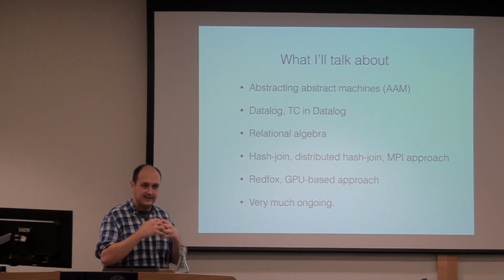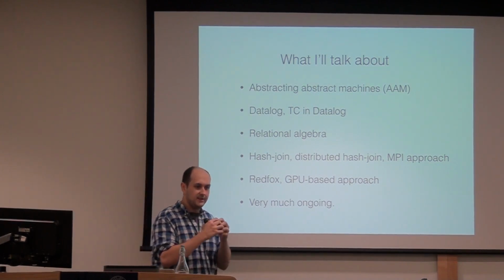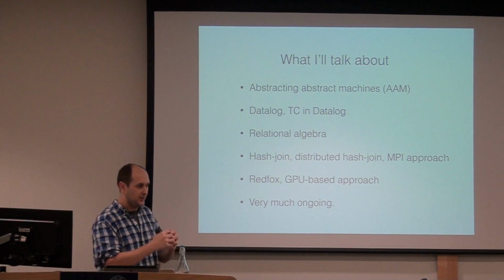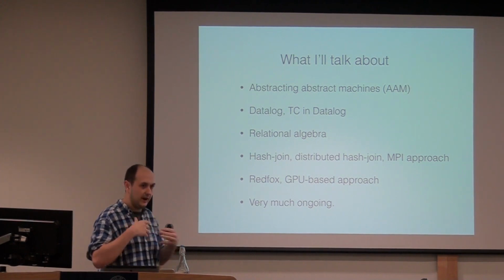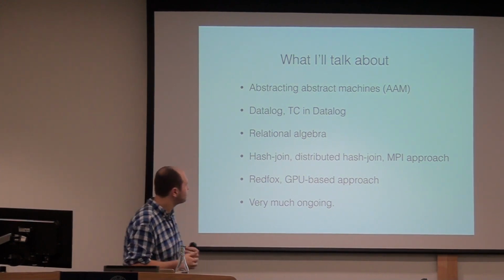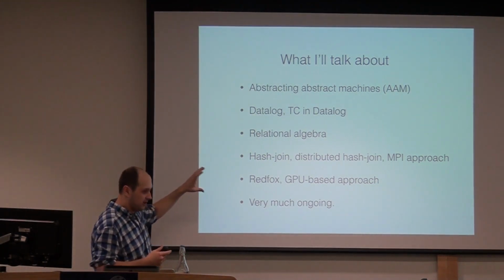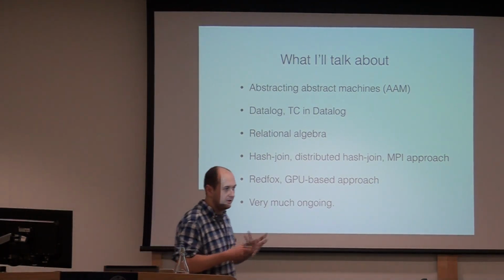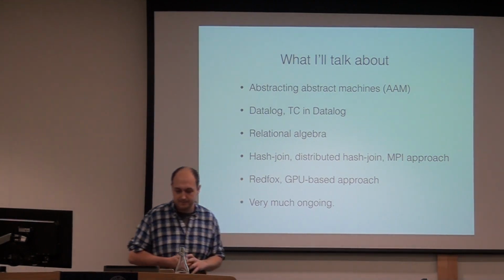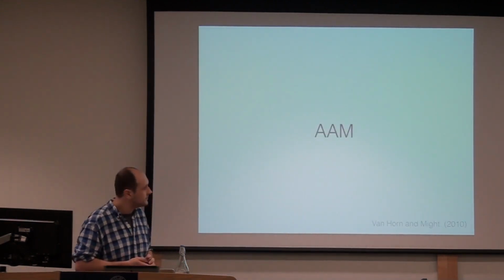So it's like an entangled set of different transitive closure operations that we have to perform to figure out how different things propagate through our program. Then we'll talk about relational algebra and these two approaches, and it's very much ongoing work, so I'll talk about some of the future work that we envision for this.